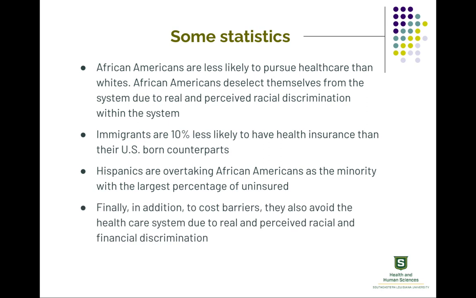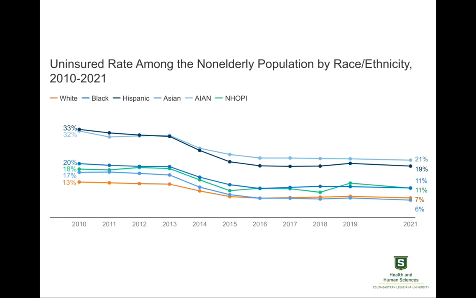And then, of course, you have all the cost barriers, not to mention perceived or real race discrimination or financial discrimination. All of these disparities lead to poorer healthcare for the population that is most affected by it.